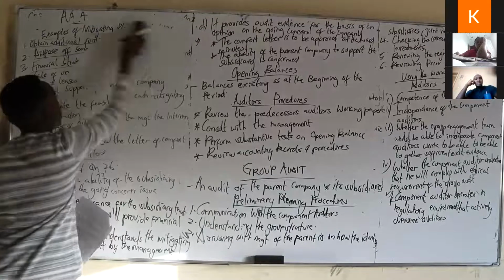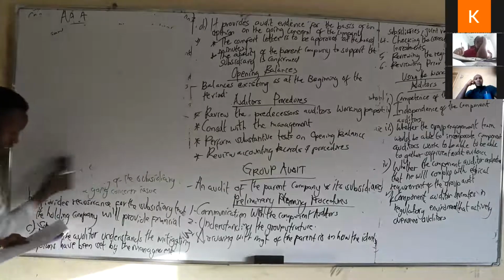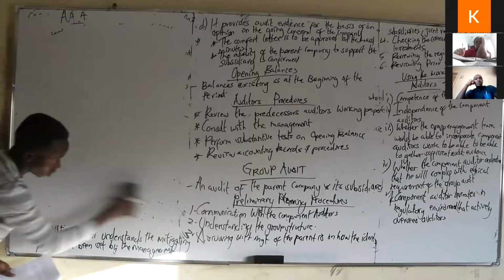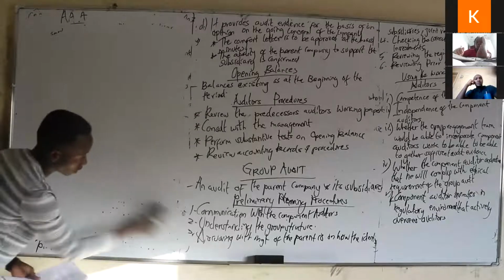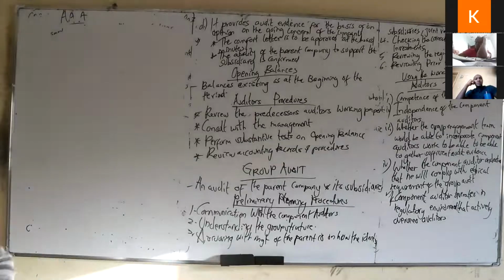So how then does the auditor audit these consolidated financial statements in this case? One thing is that he will have to obtain the financial statements.